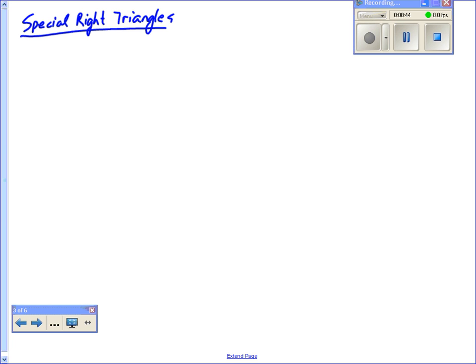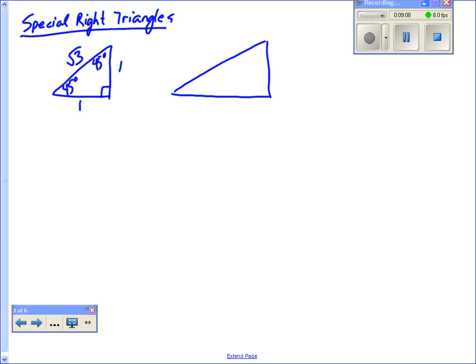You had your 45, 45, 90, and the side lengths here are 1, 1, root 2, or sometimes people will write x, x, x root 2. And then your other one was your 30, 60, 90 right triangle.